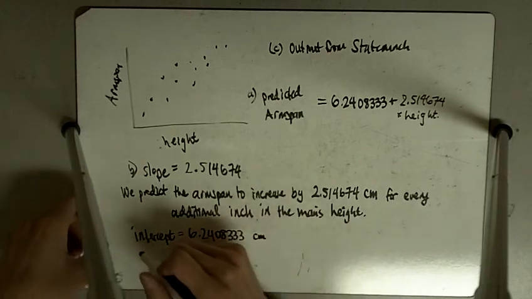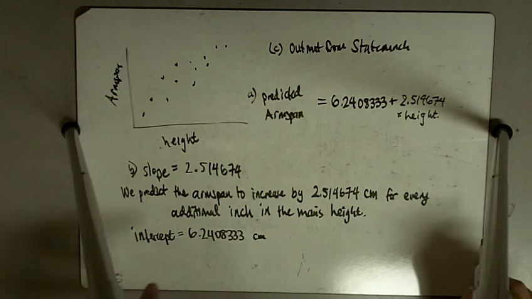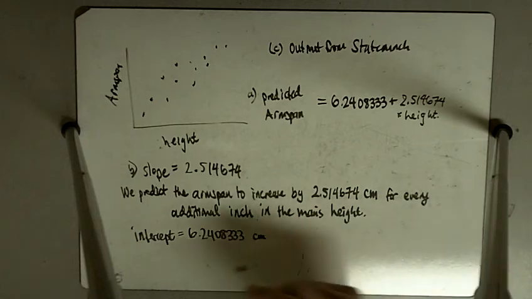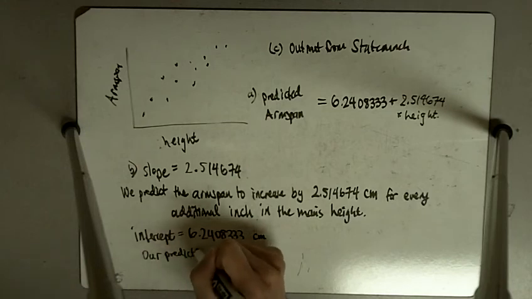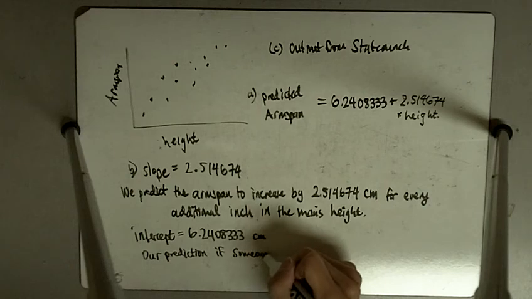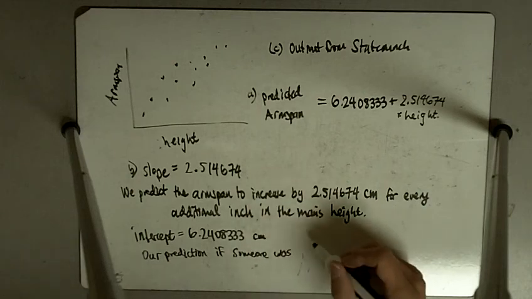So if there were ever a man that was 0 inches tall, we would expect his arm span to be 6.24 centimeters. Now that doesn't make any sense because there's no person that's 0 inches tall, but this is our prediction if someone was 0 inches tall.